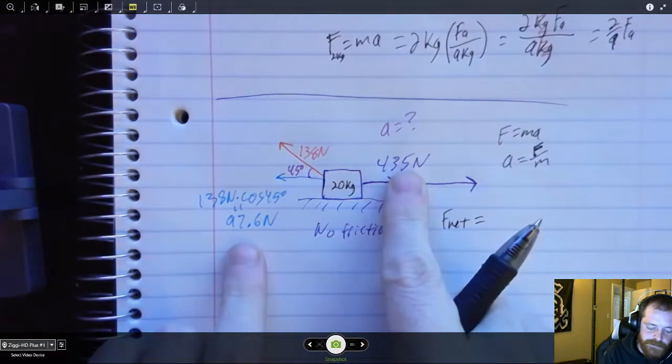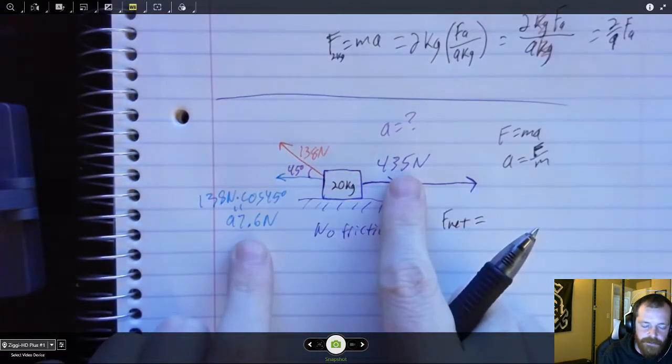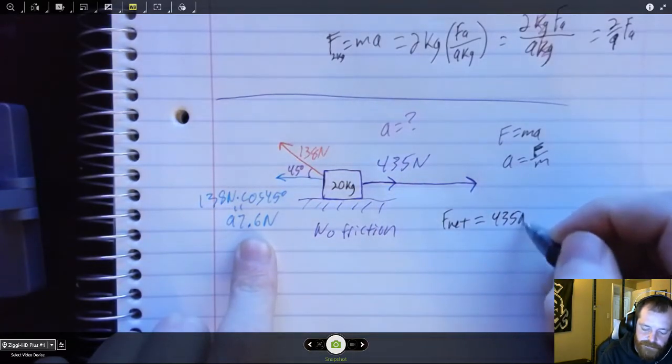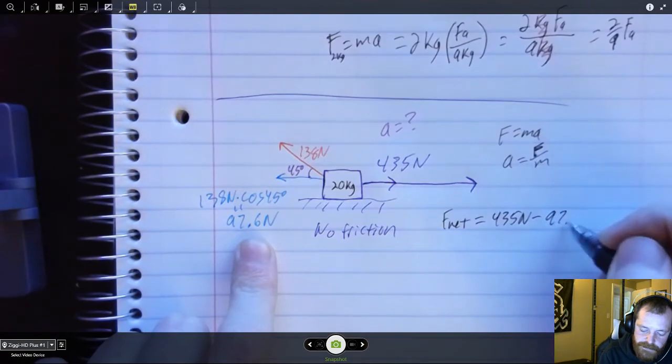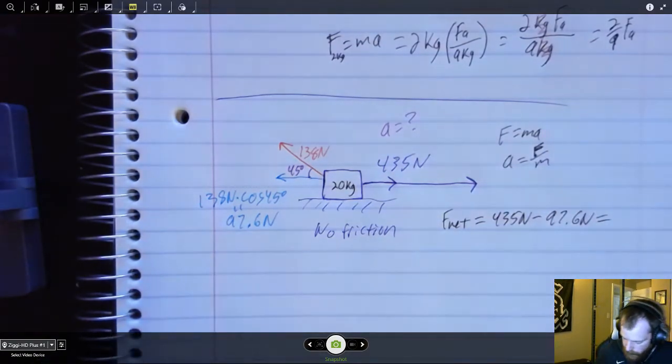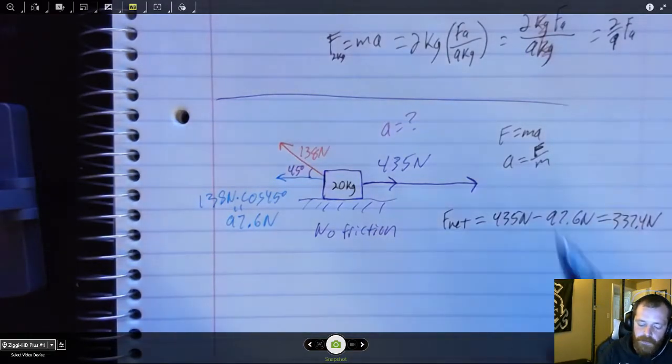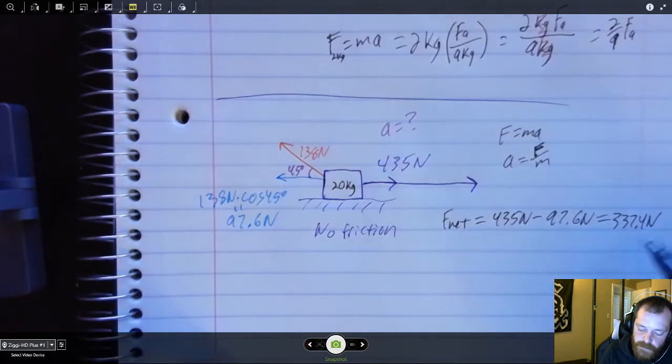So the net force here is going to be the sum of these two forces. Since they're opposing each other, I'm going to subtract them: 435 newtons minus 97.6 newtons gives a net force of 337.4 newtons. Now I plug that back into my acceleration equation, since net force equals mass times acceleration.